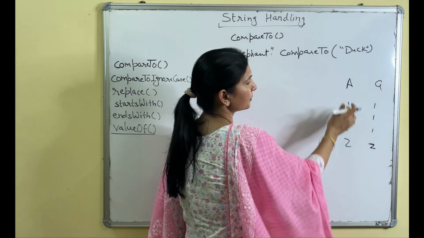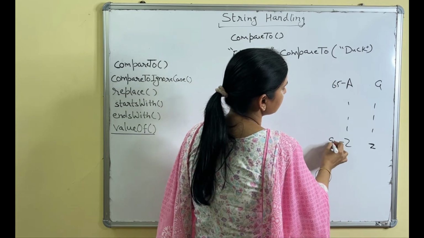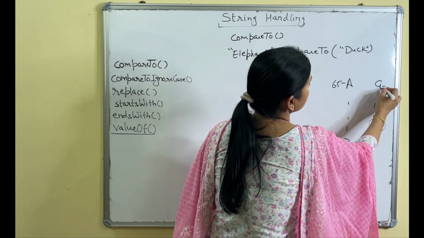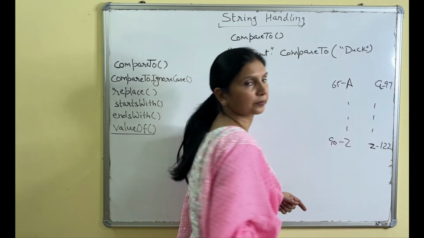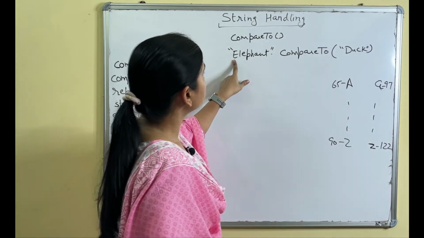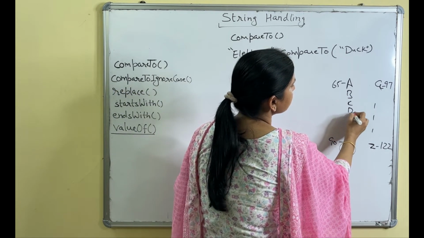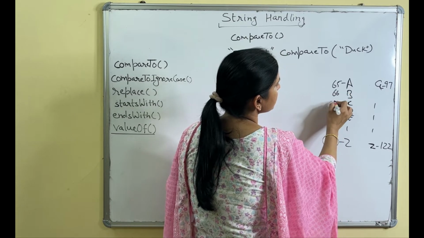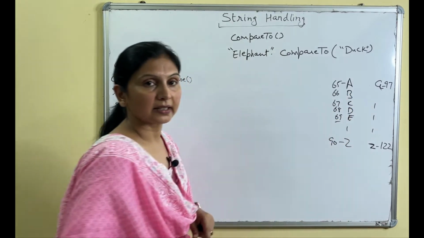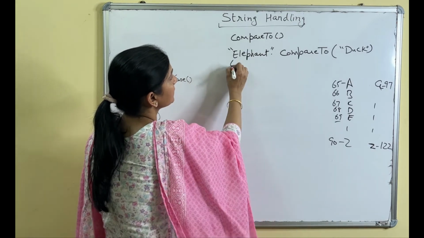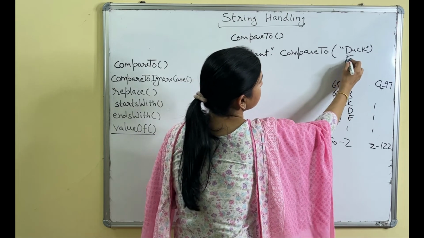So, capital A is 65, capital Z is 90, small a is 97 and small z is 122. So, what will be the ASCII code of capital E? A, B, C, D, E: 66, 67, 68, 69. So capital E is 69 and capital D is 68.